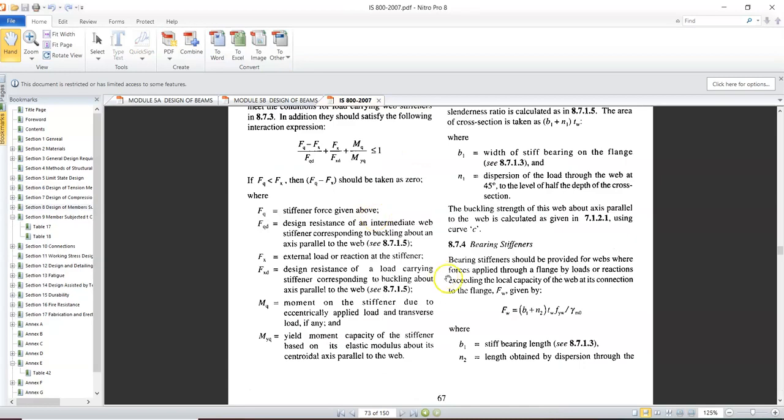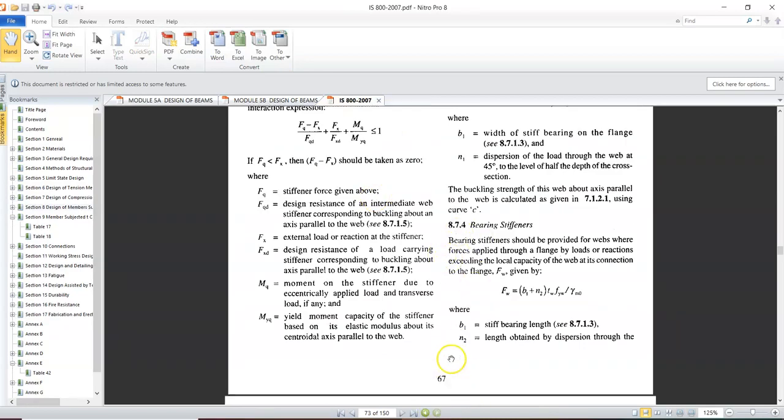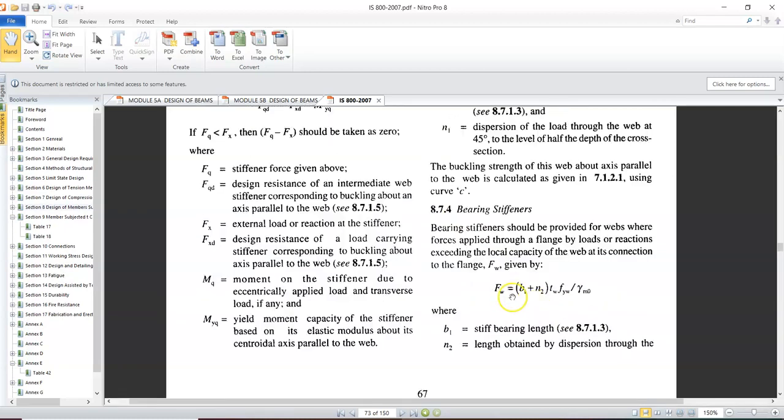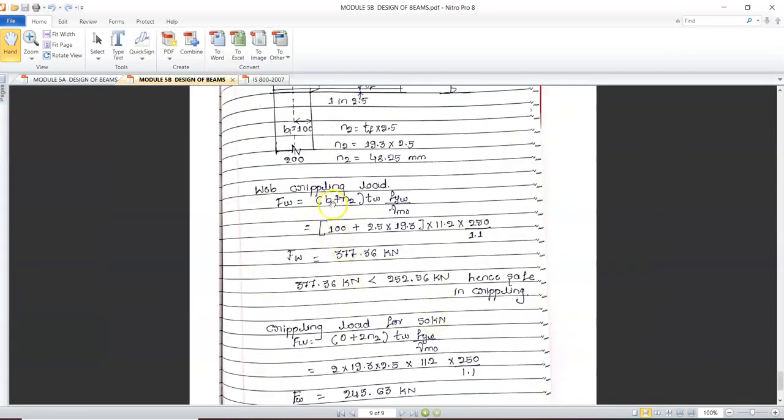So now referring to IS 800, page number 67, clause number 8.7.4. We can see the same formula we have here. So FW is equal to B1 plus N2 into TW into FYW by gamma M naught. See, the same formula we have considered.